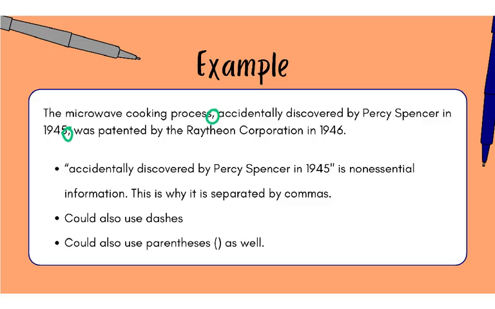So "accidentally discovered by Percy Spencer in 1945" is non-essential information, so we can separate it by commas or dashes. By the way, we didn't mention this before, but you can also separate it with parentheses. In fact, this non-essential information is also called a parenthetical phrase because you could separate it off with parentheses. So you can separate it with parentheses, with commas, or with dashes, only if that information is not essential.